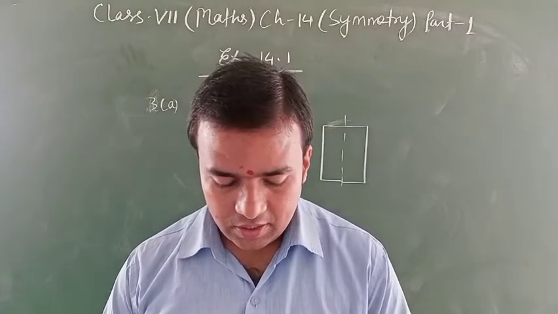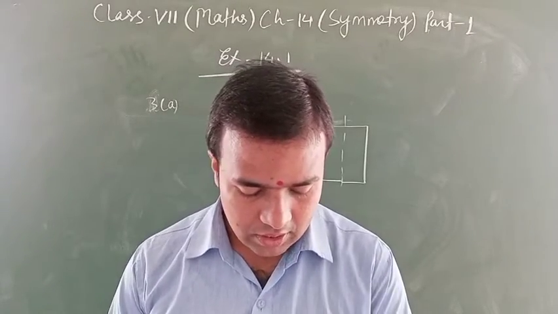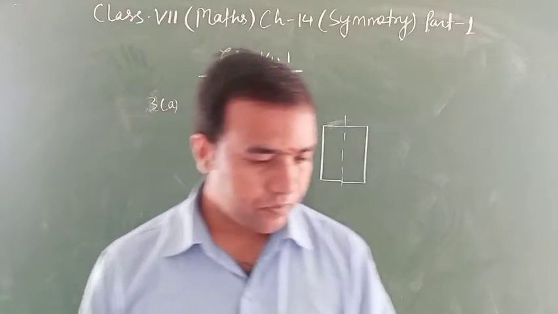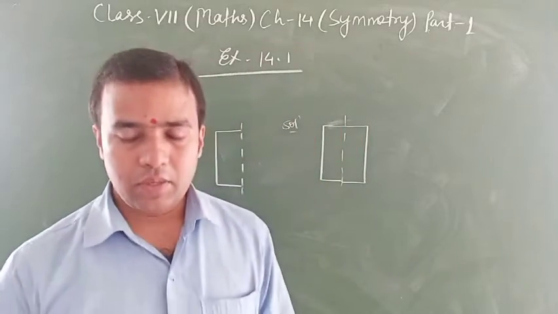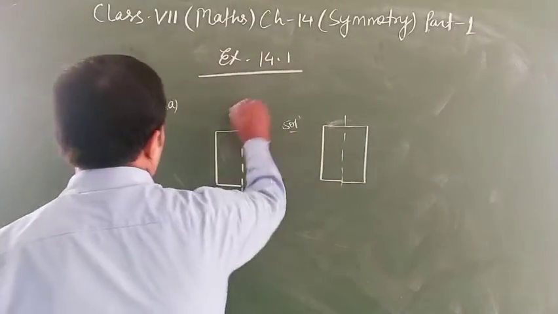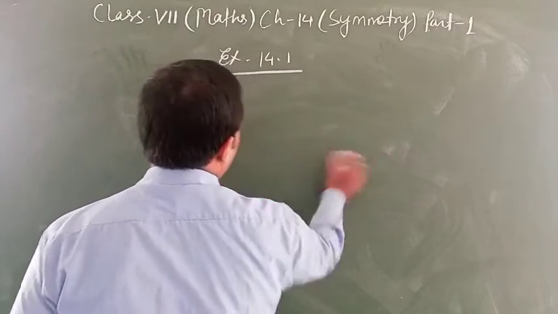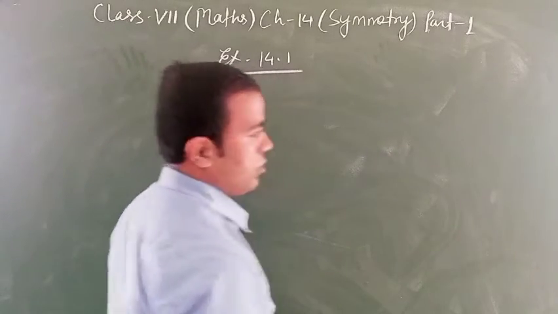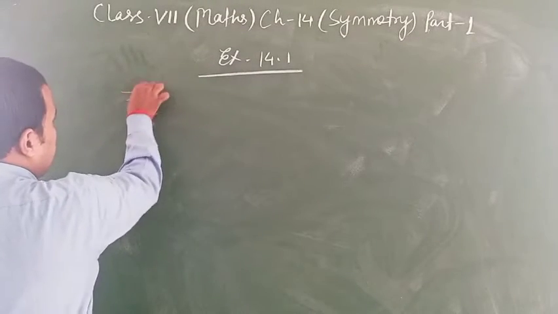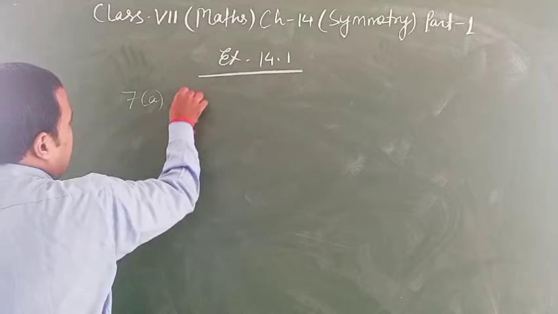So many figures are given, asking how many lines of symmetry you can make. Clear? I am explaining this also. The symmetry chapter is not very difficult. If you understand one question, you can do the other questions. 7. So an equilateral triangle.